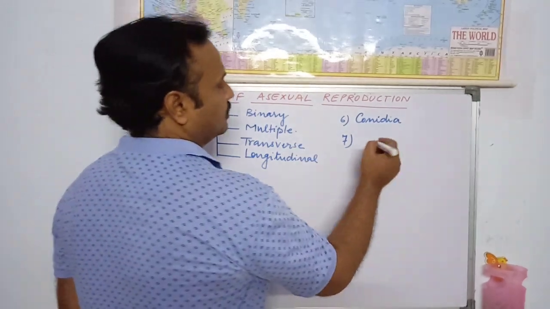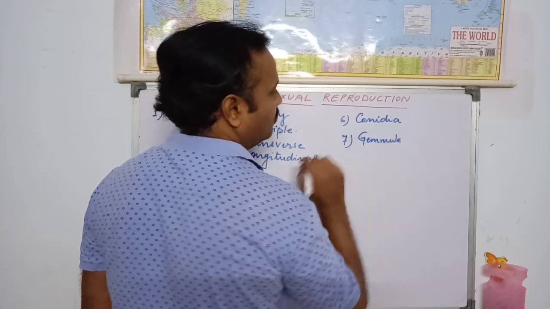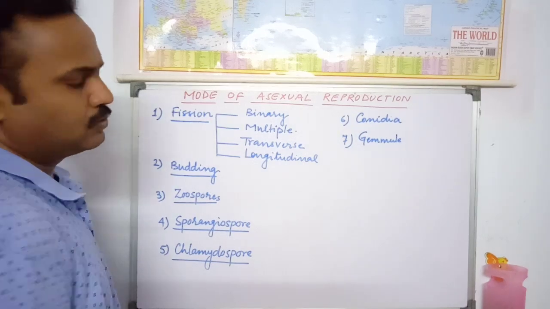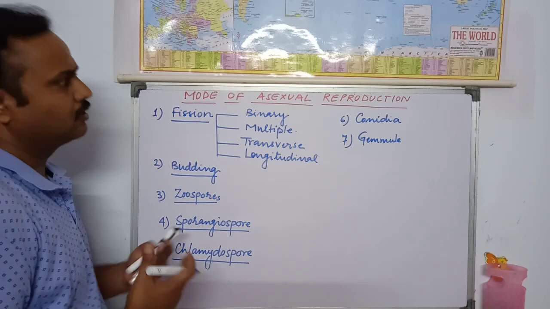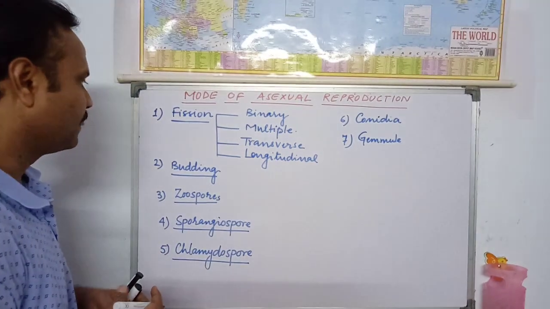Seventh, gemmule formation, right? So these are 7 different modes of asexual reproduction.